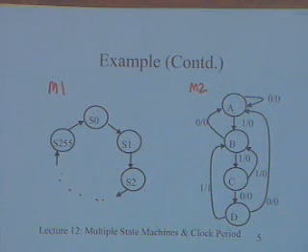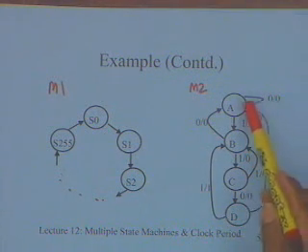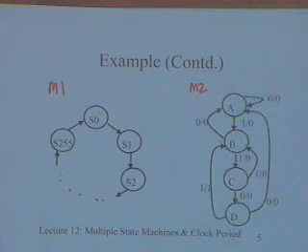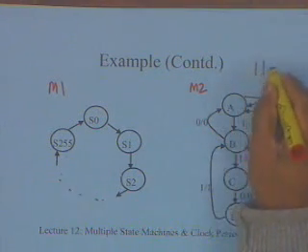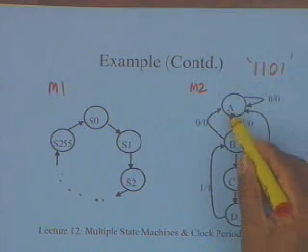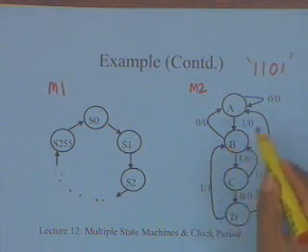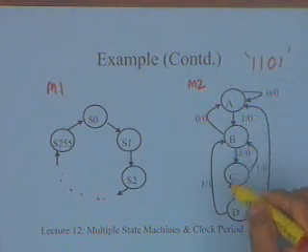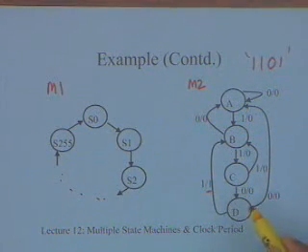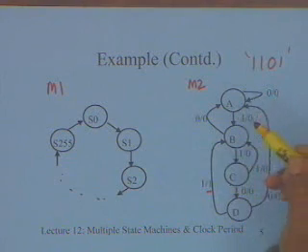I have another machine M2, which is an overlapped pattern recognizer. Essentially I receive an input, and because I am looking for 1101, this is the pattern I am looking for. If I get 1101, I will return over here with an output of 1. Anything else I will have to go to somewhere else.